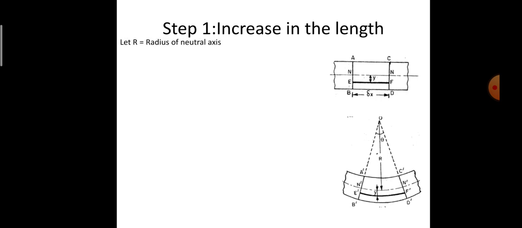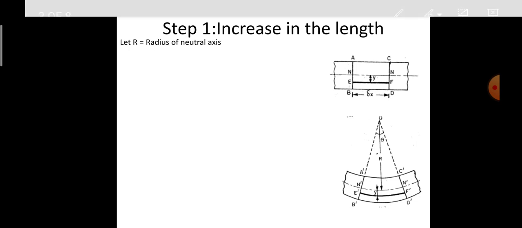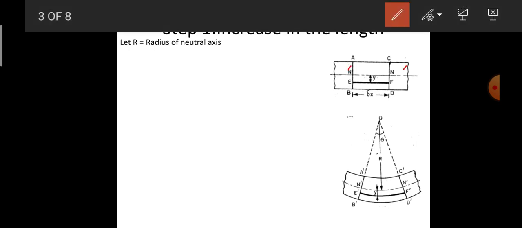Let R be the radius of the neutral axis layer. The initial position of the neutral axis is NN, and after the deformation it changes to N dash. R represents the radius of the neutral axis layer, that is N dash.